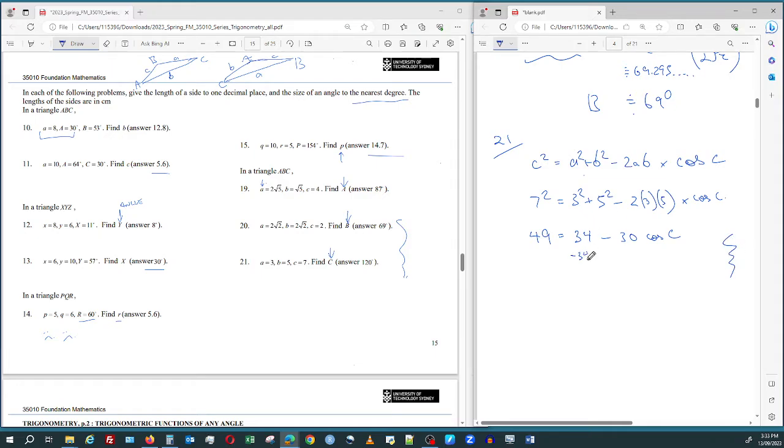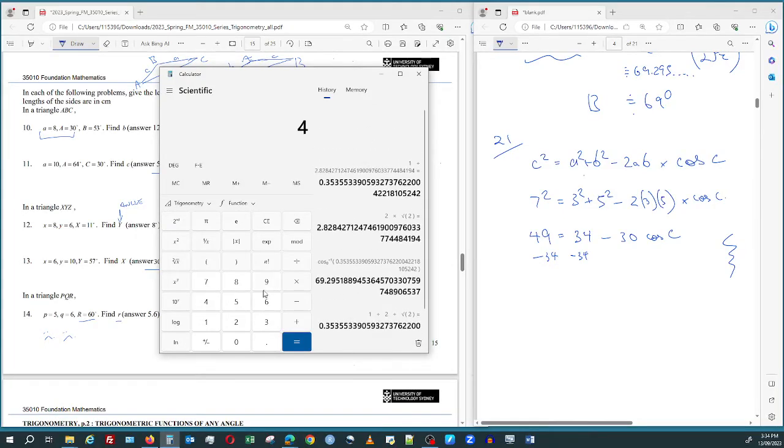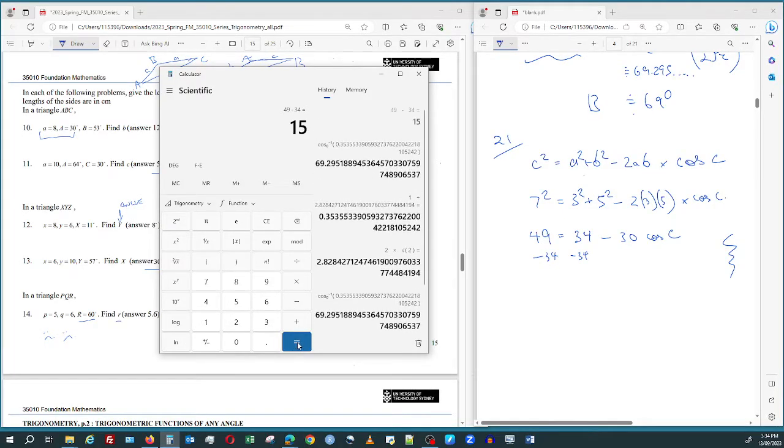I'm just going to keep it simple. 49 minus 34, 15. So 15 equals minus 30 cos C. So we're going to divide by minus 30. Now that's minus a half.